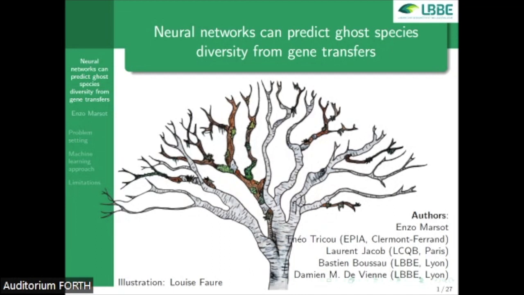So in this talk, I'm going to talk about ghost species and how we can obtain information about them. We will use a neural network approach and leverage horizontal gene transfers to obtain information about ghost species.